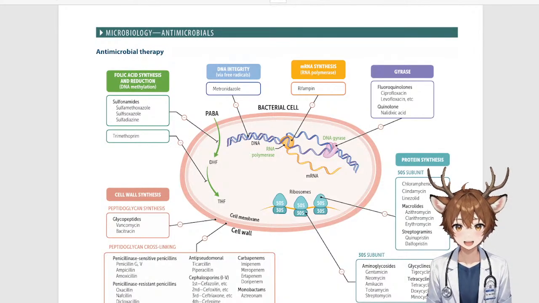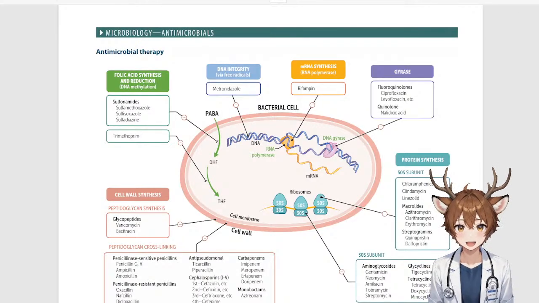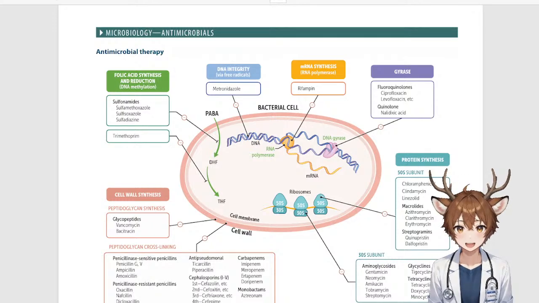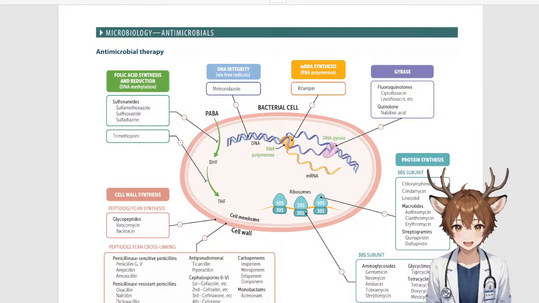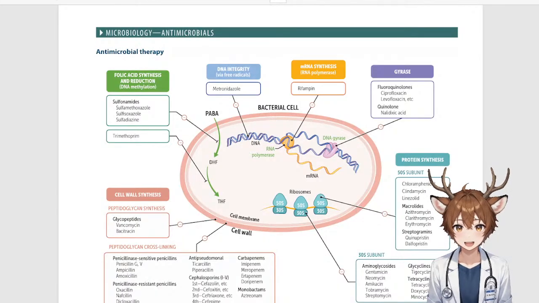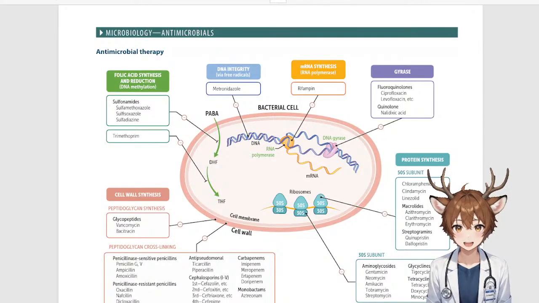Antimicrobials. We start with this antimicrobial therapy chart, which you may have been reading while I was away, perhaps, I don't know. It's a good chart. You should take a picture of it, and you should put it in your notes if you want to. I like it. It has different things on it: folic acid synthesis and reduction, talking about sulfonamides, sulfamethoxazole, sulfadiazine, trimethoprim. You remember integrity, peptidoglycan synthesis, peptidoglycan cross-linking.